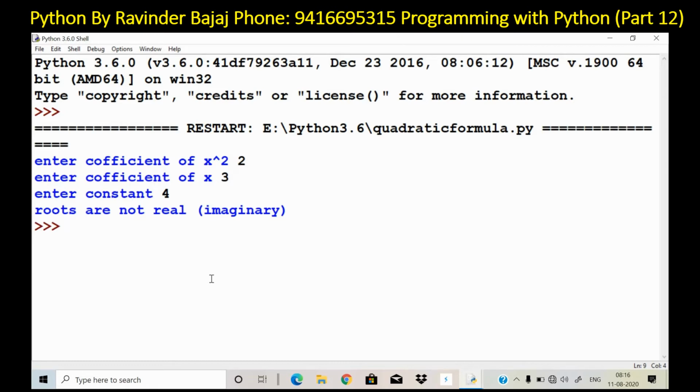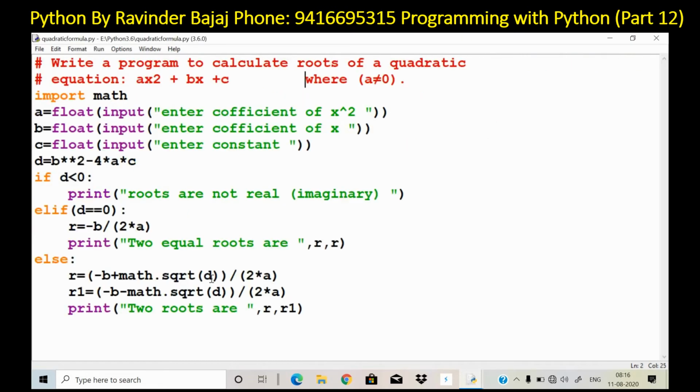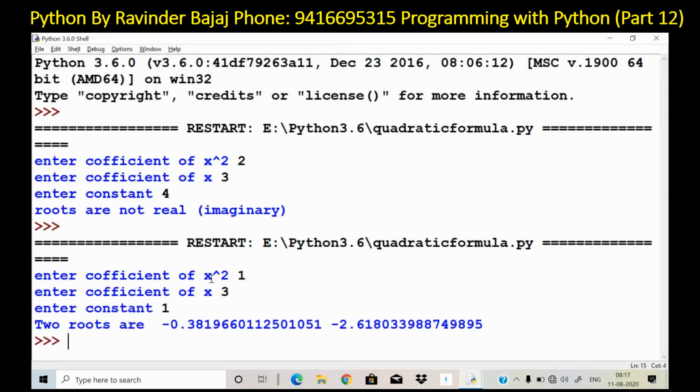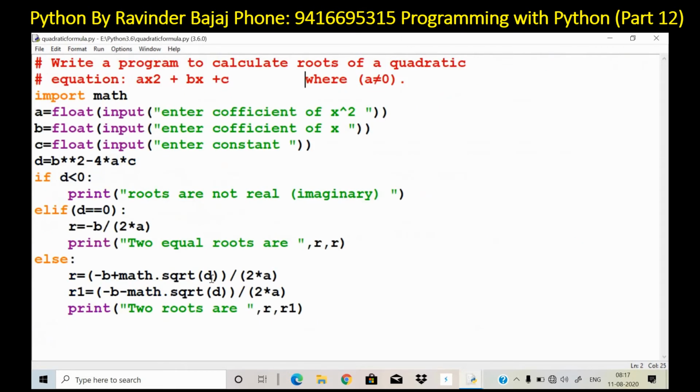So let me run this program again where we can find two real roots. Say coefficient is 1 suppose, 3, 1. Roots are in decimal, so they can be in under root. So let me run this program for some values where roots are integral.